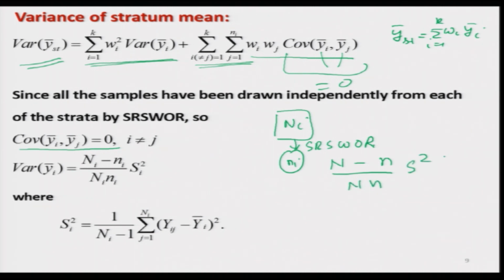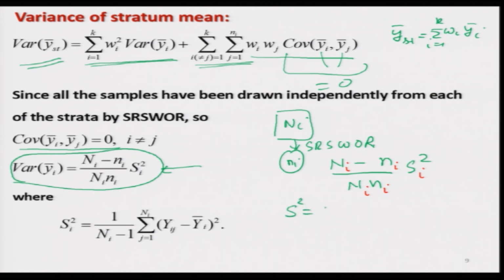Now, because this is coming from the ith stratum, this will become capital Ni, small ni, and S square will become capital Si square. This is the variance of y bar i from the ith stratum, that is, the variance of the sample mean from the ith stratum, denoted by this quantity.